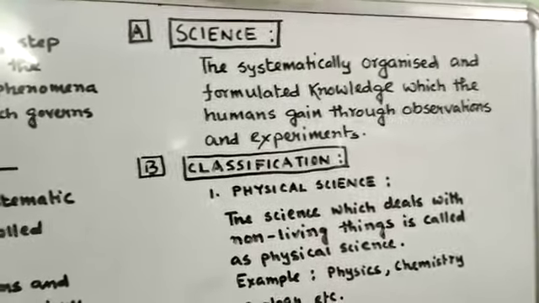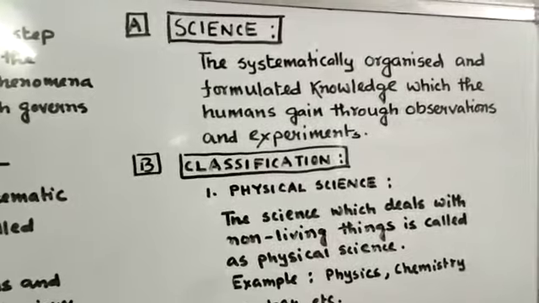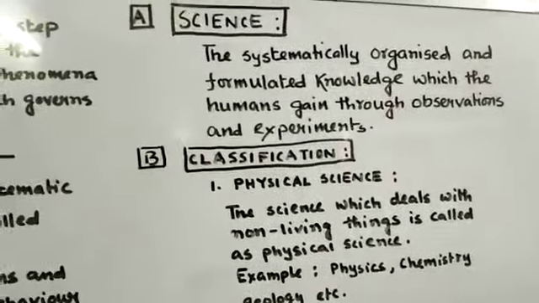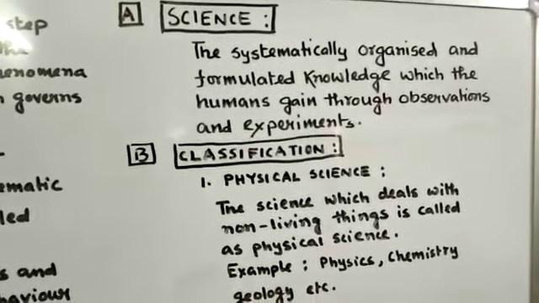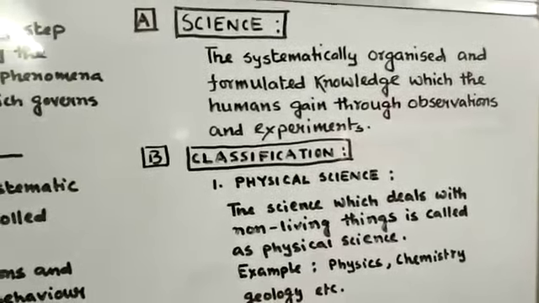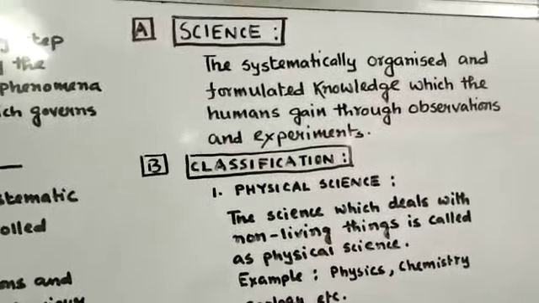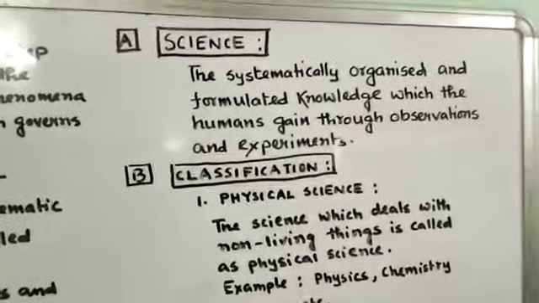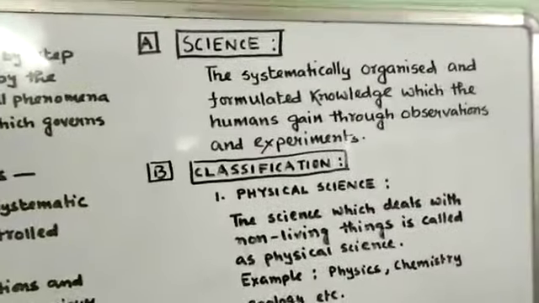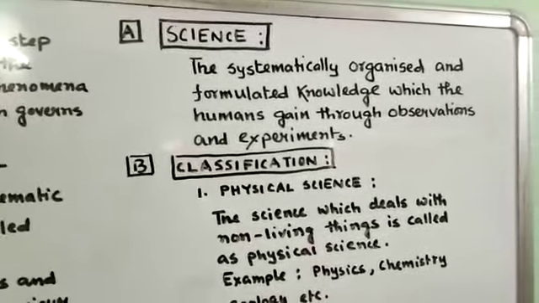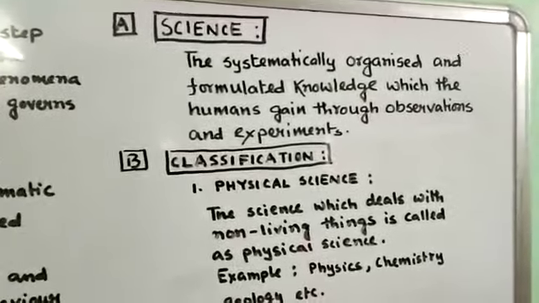Now make the definition clear. It is nothing but systematically organized and formulated knowledge which humans gain through observation and experiment. The first thing in science is observation. What kind of observation do we do? Observation is of nature, in your surroundings.